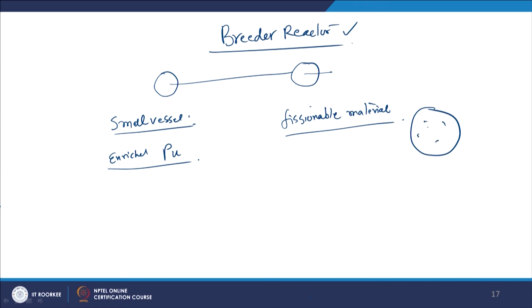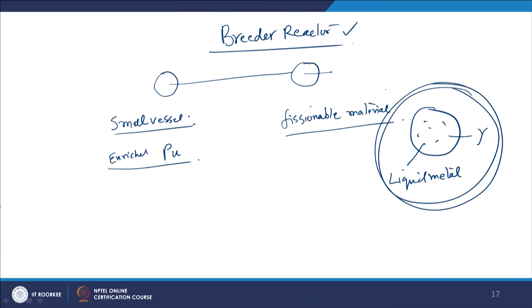The core is cooled by liquid metal. Because here the gamma radiations are also there, additional, very robust shielding is provided surrounding the reactor.